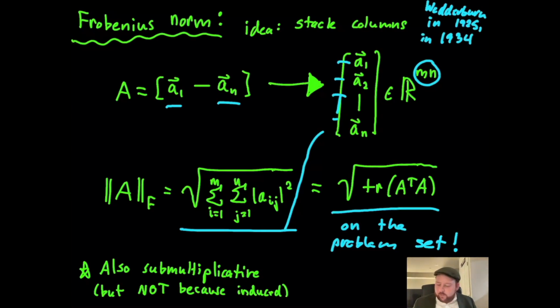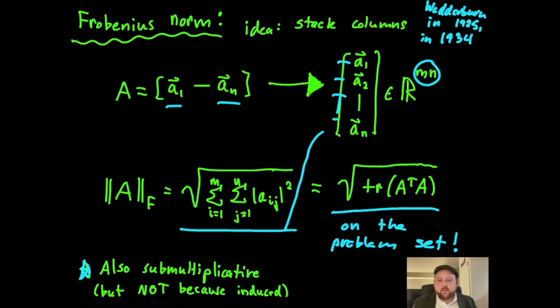The last thing I'll say about the Frobenius norm is that I've put a note down here for you. It's also submultiplicative. You could show that it is, but it's not because it's an induced matrix norm, because it's not an induced matrix norm. So it coincidentally also is submultiplicative, but not because it's an induced norm.